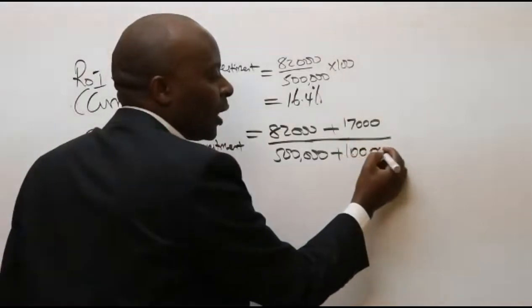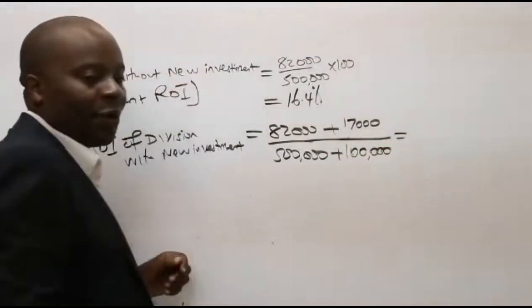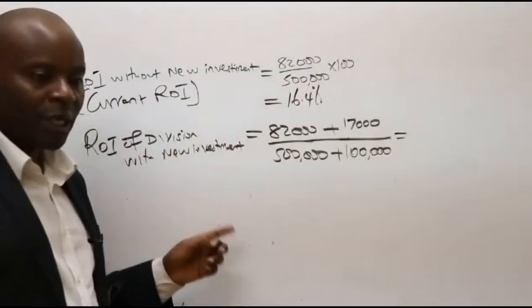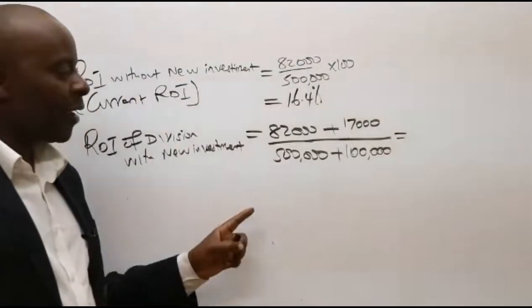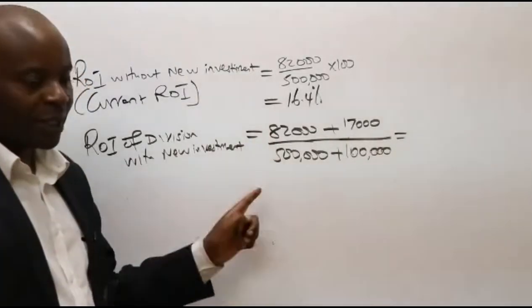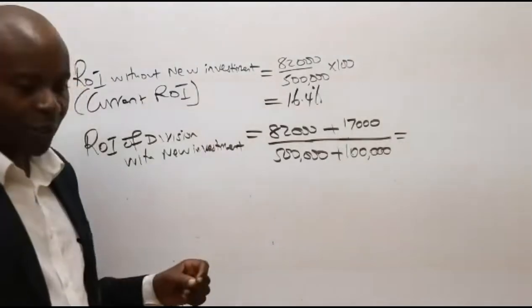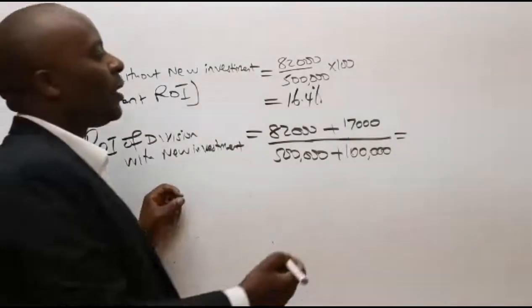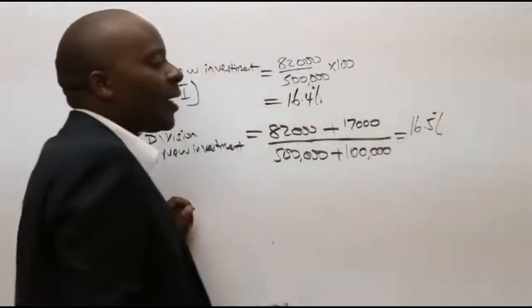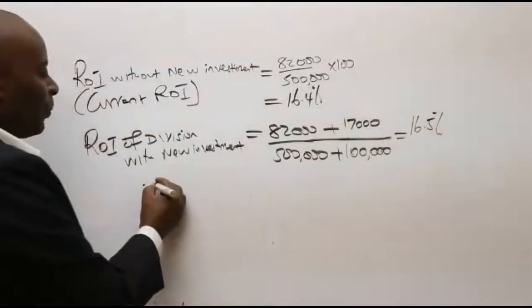Of 100,000. So this will be 82,000 plus 17,000, divided by 600,000. So Karanja tells me that this is what here, somebody? 16.5%.